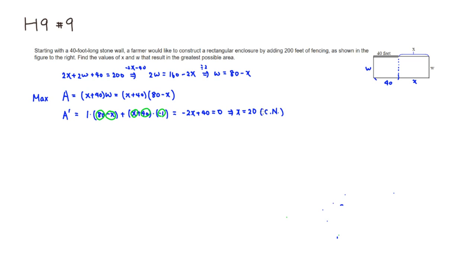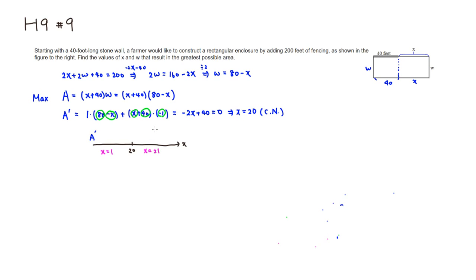Let's make sure that this gives the largest possible value. We can simply look at the sign of A prime. The critical number is 20, so I'm going to try something smaller than 20, like X equals 1, and something bigger than 20, like X equals 21.